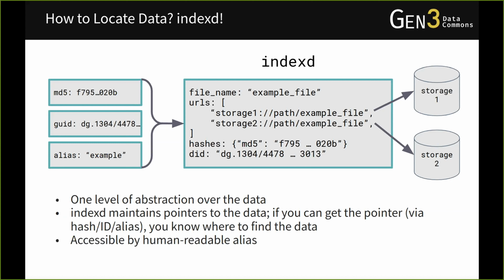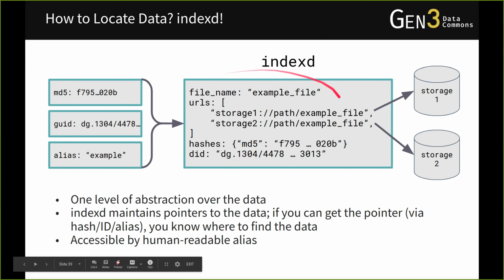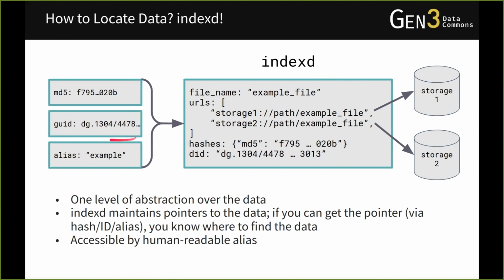And then the actual persistent identifier that we assign to these records is a globally unique identifier. So if you hear the word GUID thrown around, that's just the identifier that points to some logical piece of data. So the important thing here is that even if this bucket goes away and maybe we replicate into a different bucket, or the ownership of this changes and the data has to be moved to a different bucket, we can update that all within the record without changing the GUID.